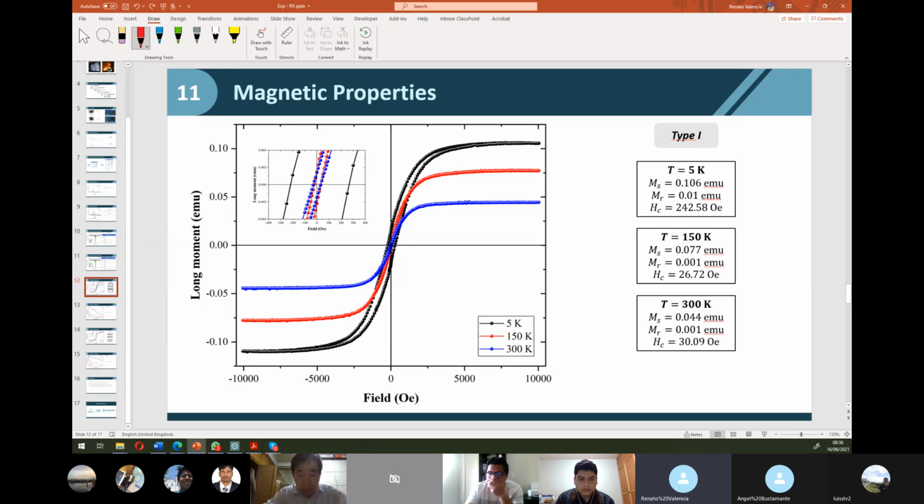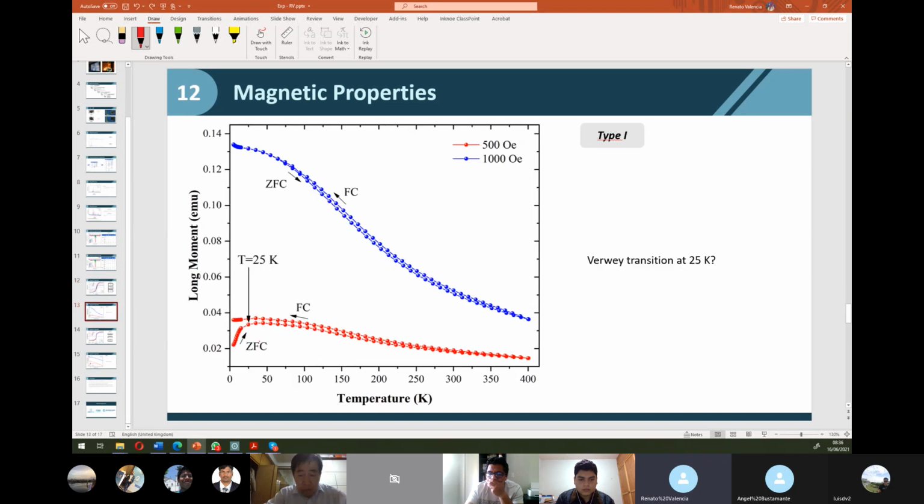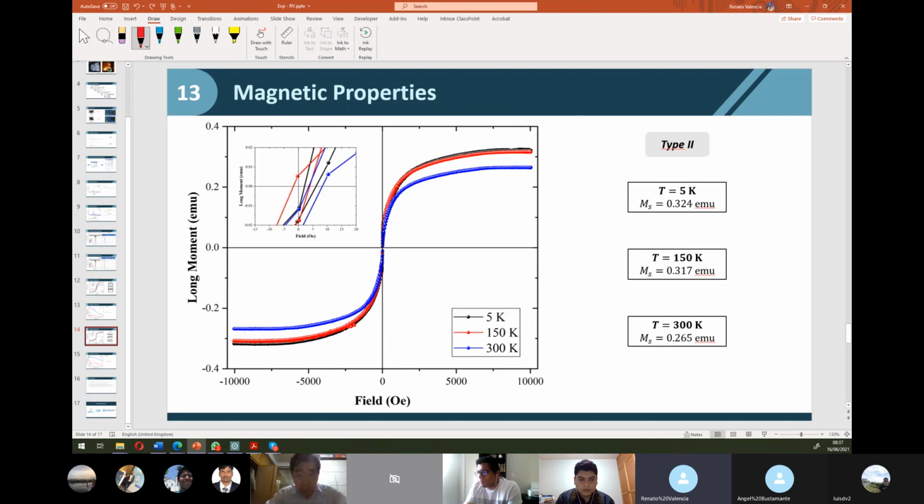It's a ferromagnetic sample, and in magnetic moment versus temperature, we have a transition that could be a Verwey transition, but this Verwey transition is shifted to low temperatures because we have a small particle size. It's a hypothesis.